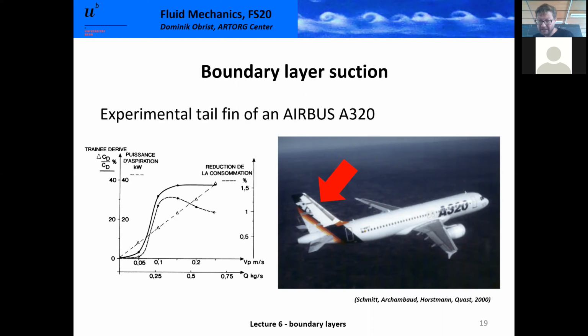Now, if you look at the year down here, this is something that was done in 2000. I was still a PhD student when I heard the first talk about these asymptotic suction boundary layers.